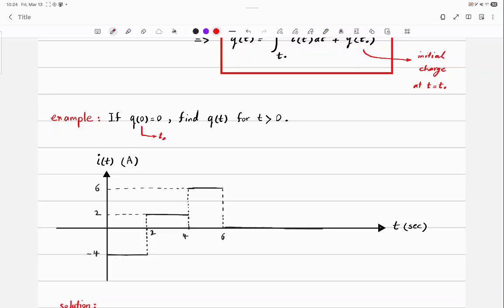It's equal to, from 0 to t, what is I in this interval? Negative 4. -4. And what is q0? 0. Tell me what's the integral?